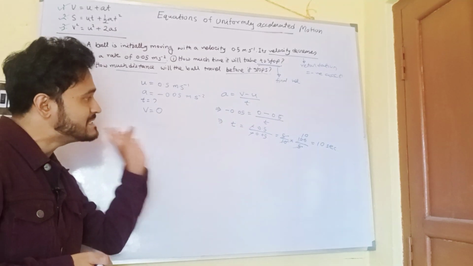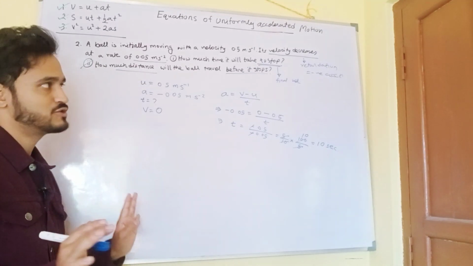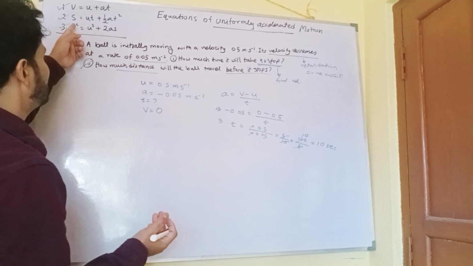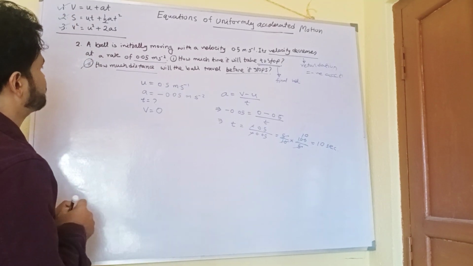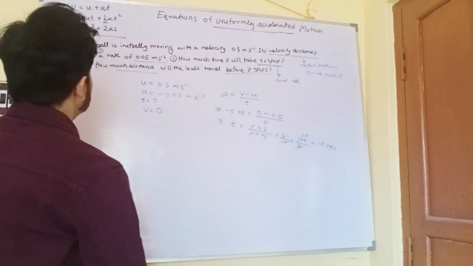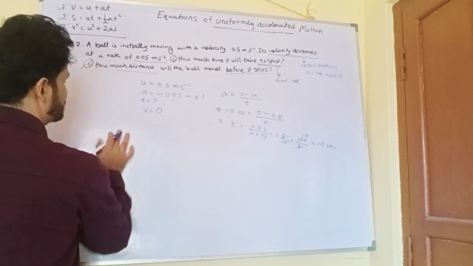Now in 10 seconds, what is the distance traveled by the ball? That we have to calculate. We can calculate it using any one of these formulas. I'll use the third formula. Oh sorry, 2.